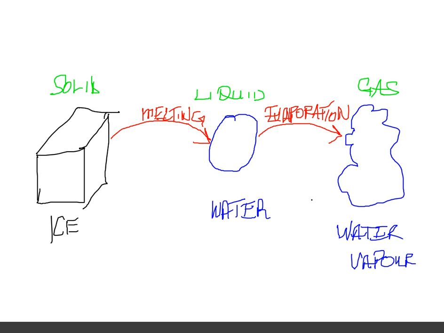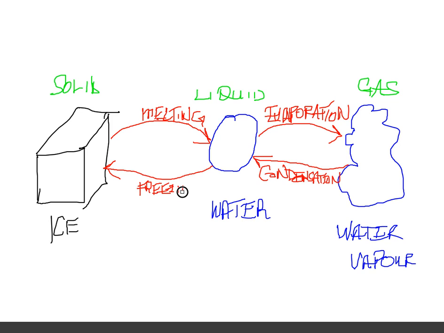So phase changes are reversible, so we can actually go from the vapor state back to the liquid state through the process of condensation, something that we'll end up speaking a lot about in NAT 1780. And we can also, of course, go from the liquid phase back into the solid phase through the process of freezing.